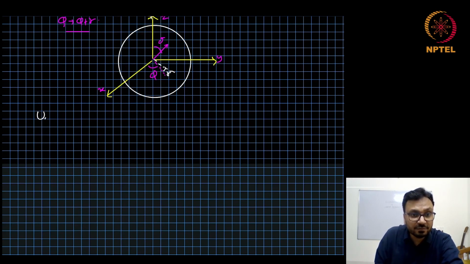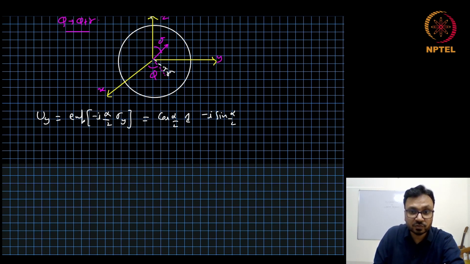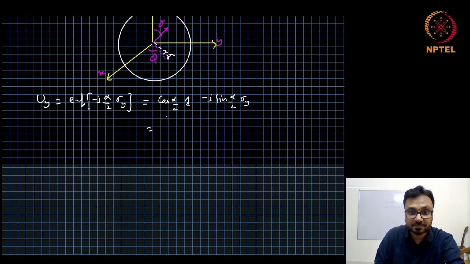Similarly, Uy, which is exponential of minus i alpha over 2 sigma y, which is cos of alpha over 2 identity minus i sine of alpha over 2 sigma y, which is the matrix cos of alpha over 2, minus sine of alpha over 2, sine of alpha over 2, and cos of alpha over 2.